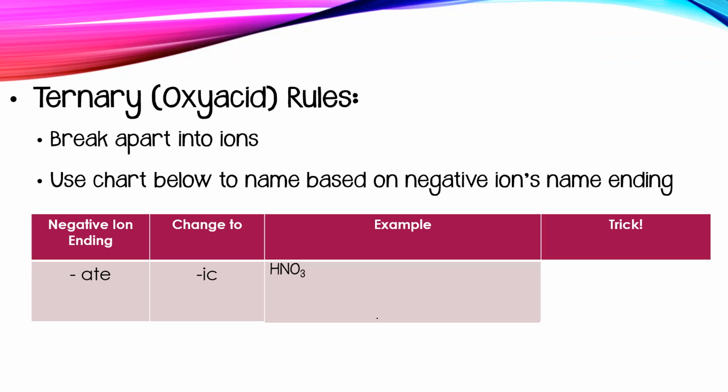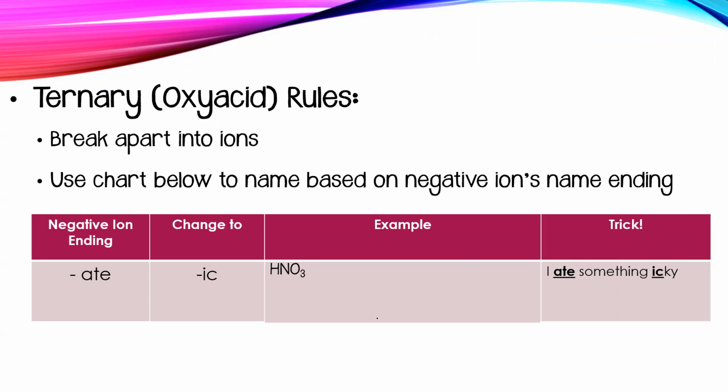H is positive, NO3 is negative, and NO3 is a radical, and it is nitrate. So ATE becomes IC. And they tell you to remember, I ate something icky. Change ATE to IC.